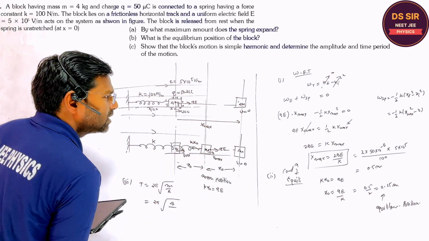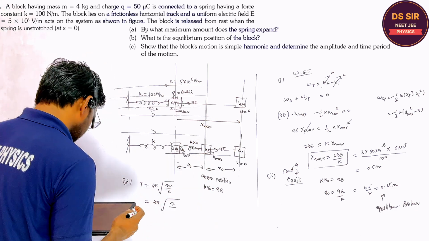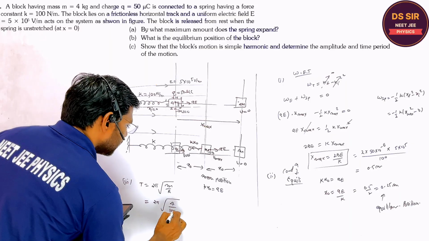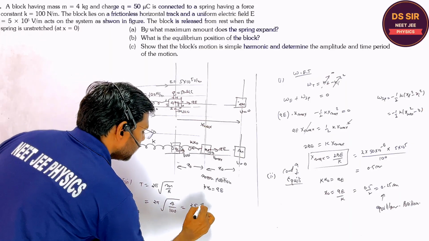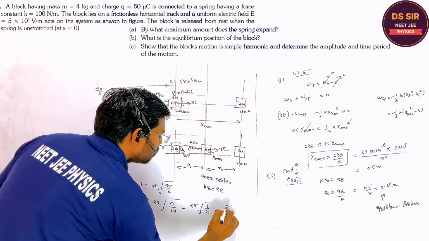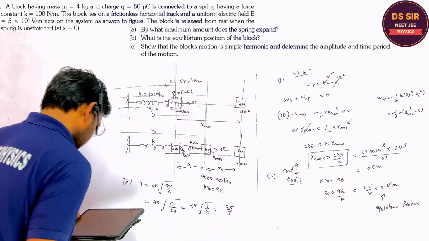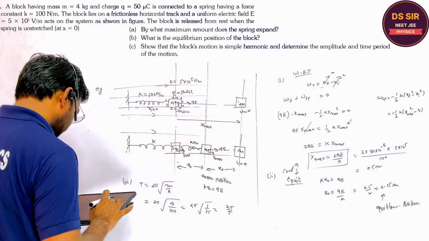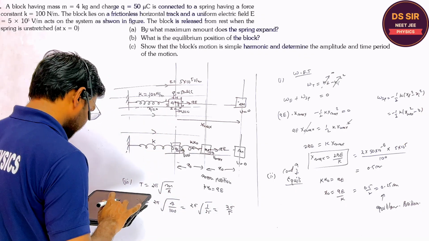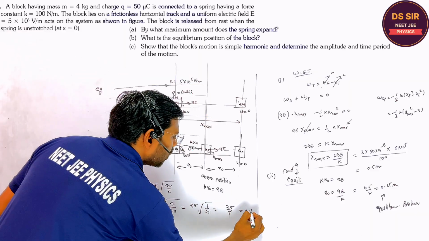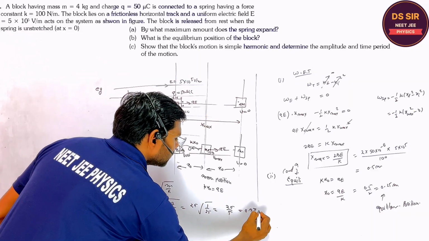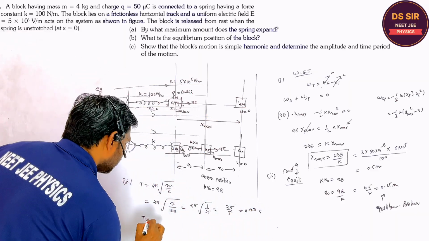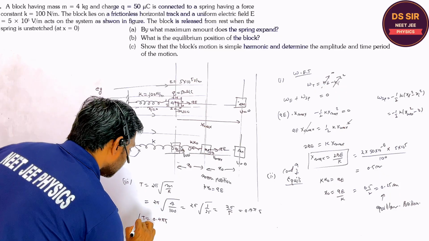The spring constant is 100. So this is 2 pi by root 25, which is equal to 2 pi by 5, that is 0.4 pi second is the time period. Is it clear or not?